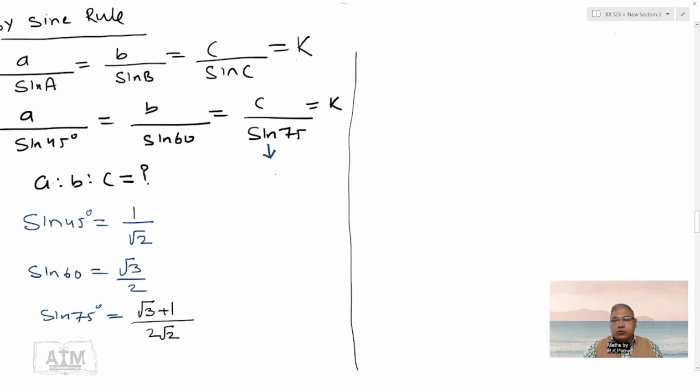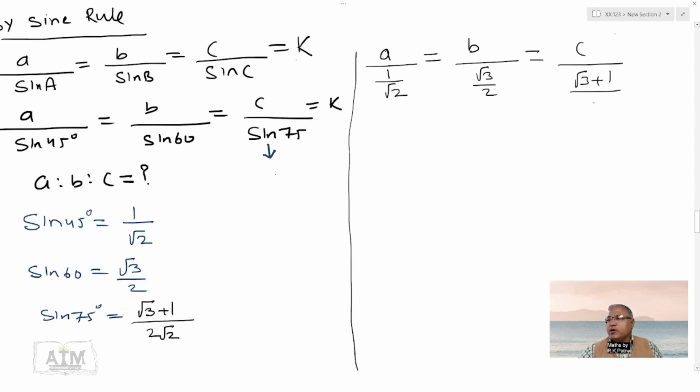What you do now, you put the values in place of sin 45, sin 60 and sin 75, keeping a, b, c as they are. So a upon 1 upon root 2 equals b upon root 3 upon 2 equals c upon root 3 plus 1 upon 2 root 2.